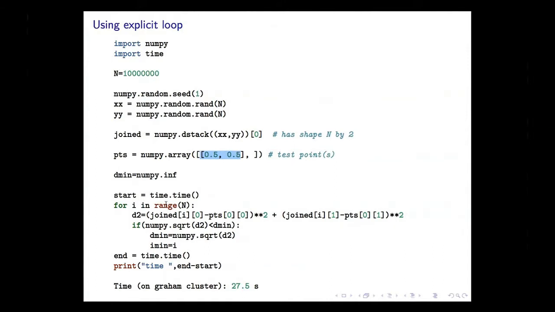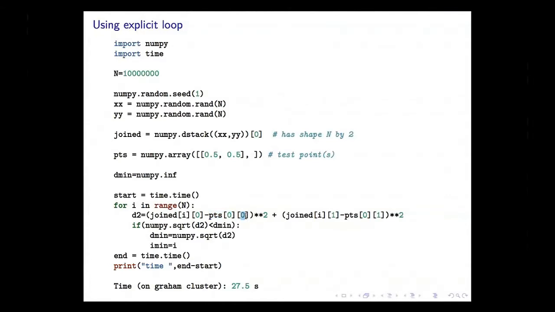So now I will have a loop where I will go over all the elements in the joined array, and I will calculate the distance from the test point. So here I take joined array, the ith point, the first coordinate, and then the second coordinate. Then for each coordinate, I subtract the coordinates of the test point. And I square this.